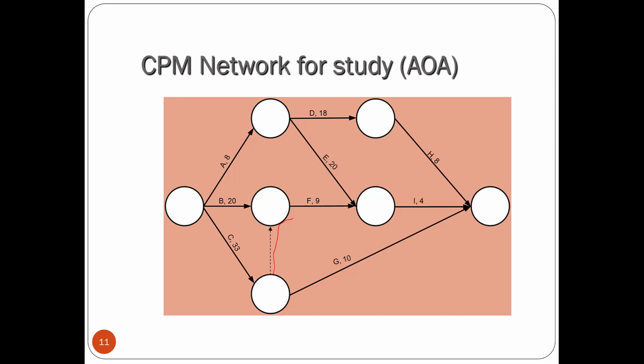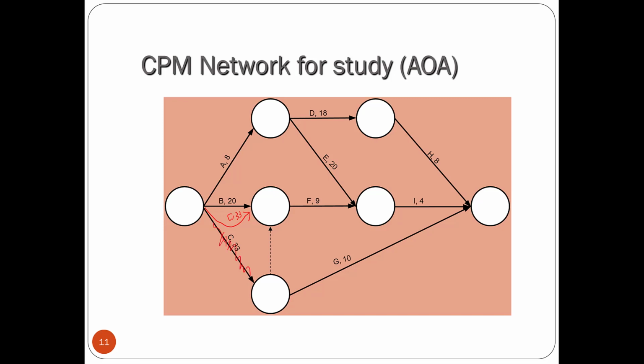So the use of dummy arrows can be very useful, especially in situations where you need to represent the predecessor relationship and it's hard to just connect those together. Then some of you may be thinking, wow, what about we wipe out this one?